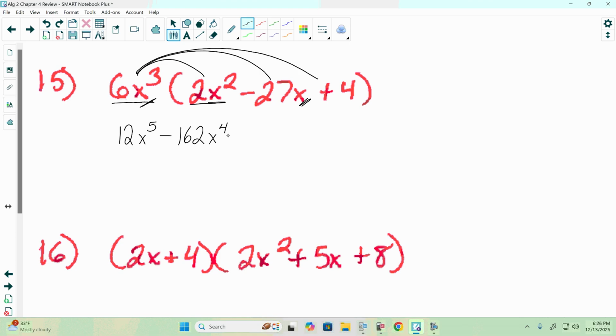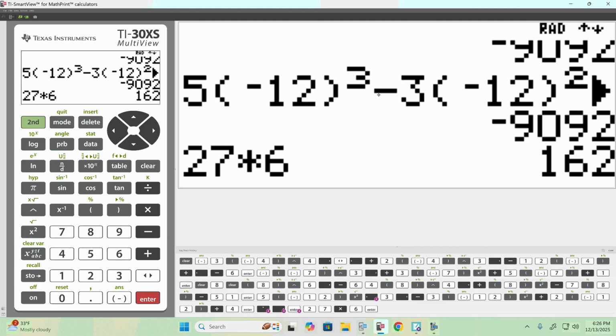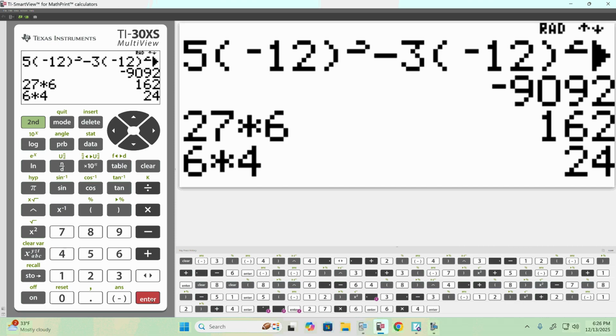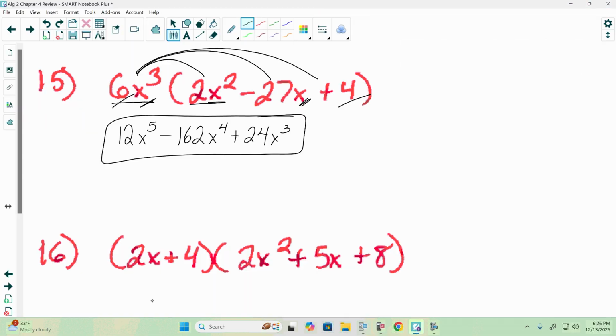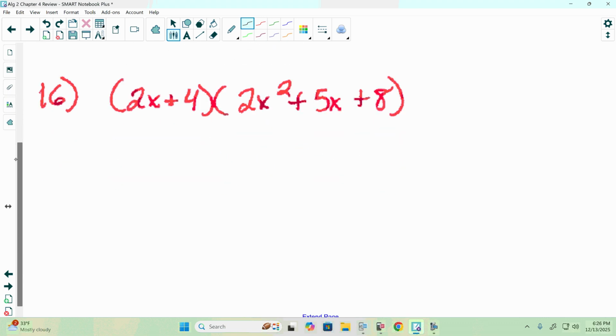And lastly, 6x cubed times 4 is going to be positive 24x cubed. We can't do the whole multiplication in the calculator, but we could at least do 6 times 4. And it does tell me it's 24. So the final answer for this here is 12x to the fifth minus 164x to the fourth plus 24x cubed.